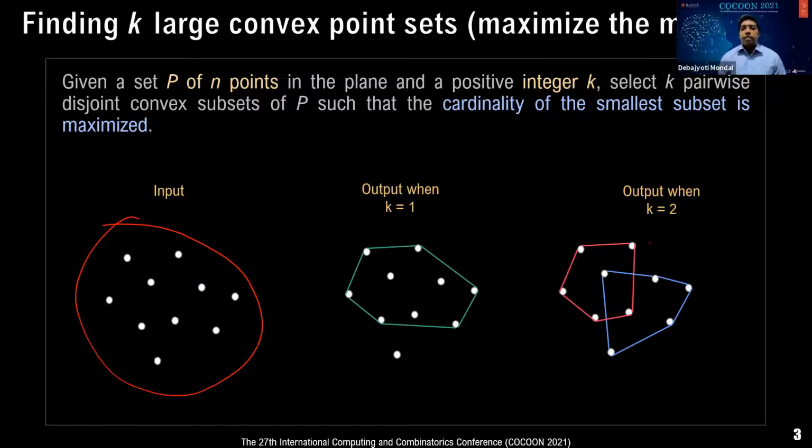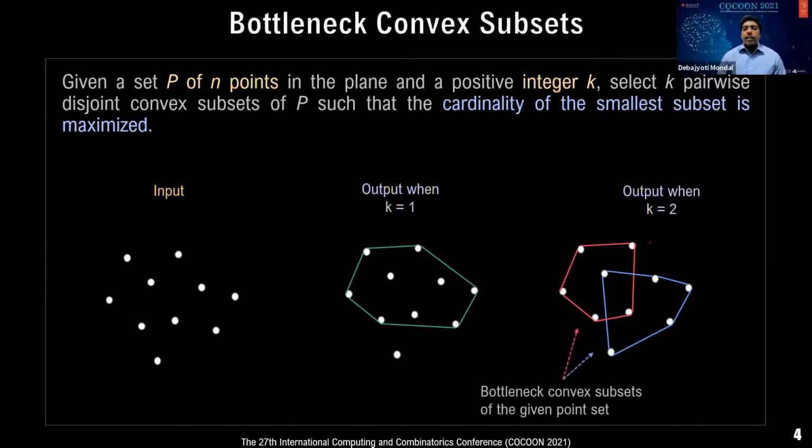For K equal to 2, the best possible scenario is both of your point sets are large and the minimum cardinality is maximized when each convex set contains 5 points. Now you can have K equal 3, 4, and so on. We call these sets bottleneck convex subsets.